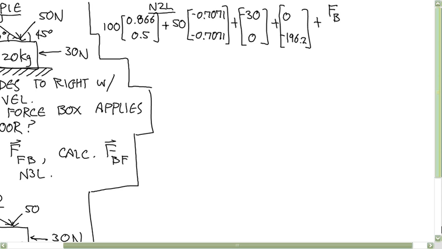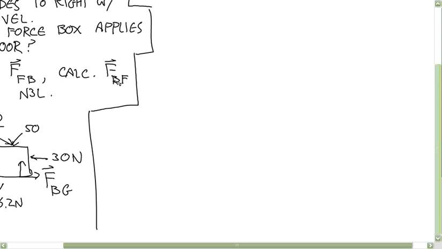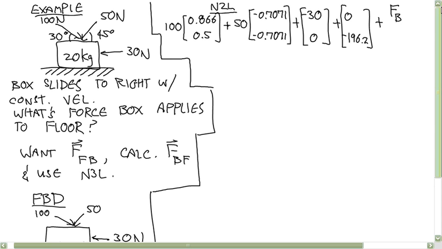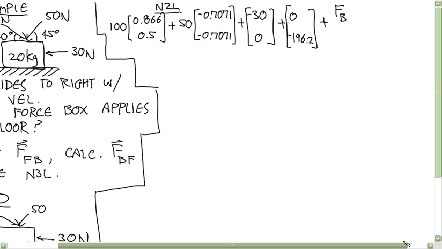Oh, I called it two different things, sorry. Up here I called it on the box by the floor. So let's change this to floor. Just click up here on your erase icon and erase it. Okay, so F_BF(x), F_BF(y).